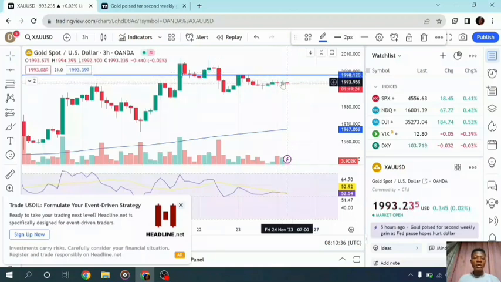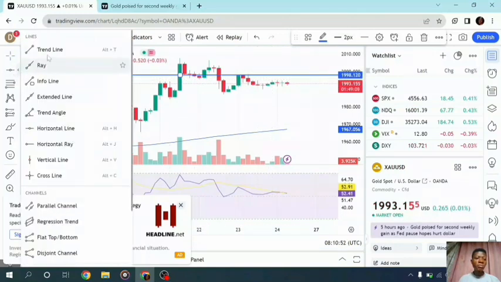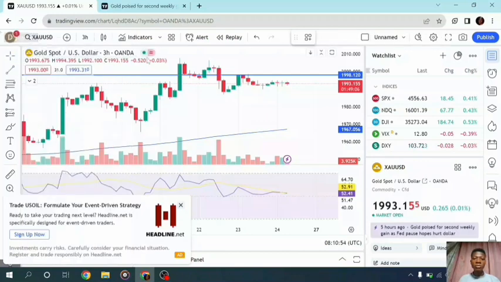Now you can see that this market is kind of fluctuating around this area, and this is called a symmetrical triangle. Now let me explain what I mean by that. Let me draw a trend line. This is a trend line.